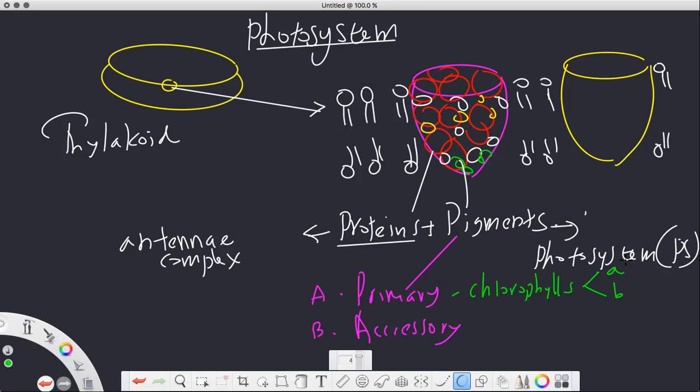And accessory pigments have different colors. They could be yellow, they could be gray. They are carotenoids and phycobilin proteins. So carotenoids are usually orange and yellow pigments.